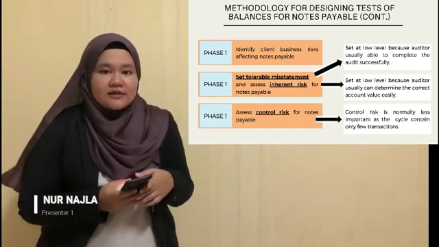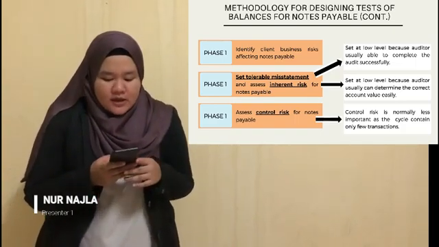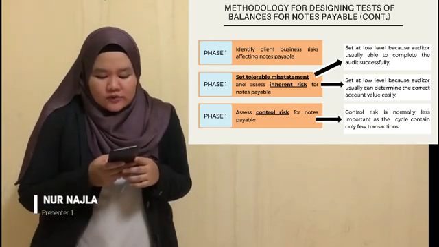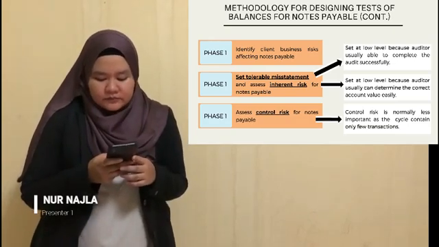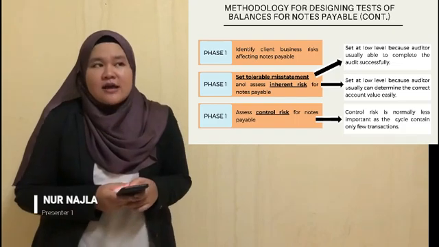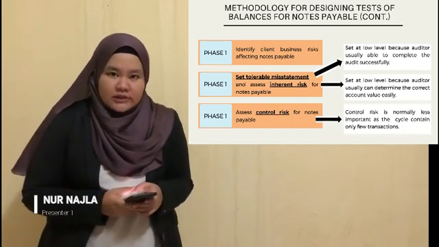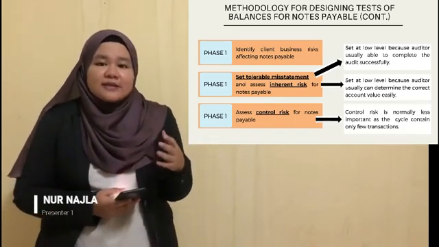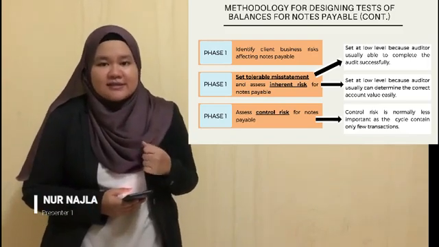Phase 1, number 3, assess control risk for notes payable. Control risk is less important for the auditor because there are only a few transactions in the company. The next slide is phase 2.